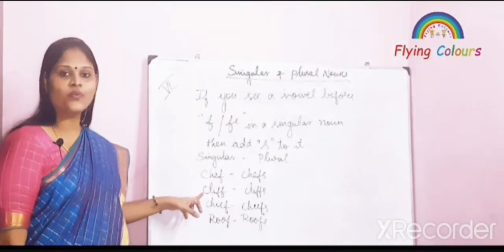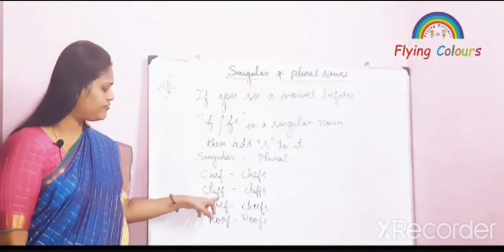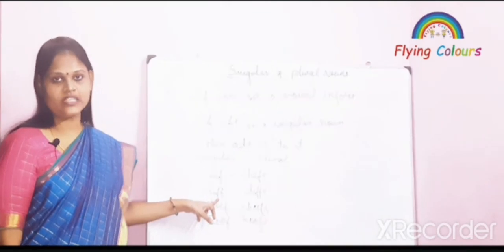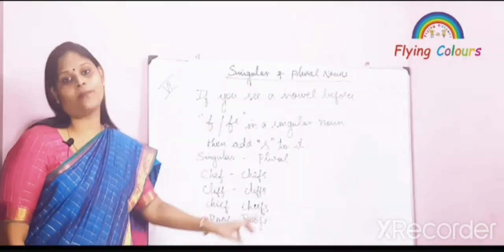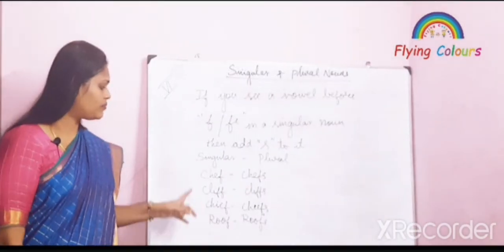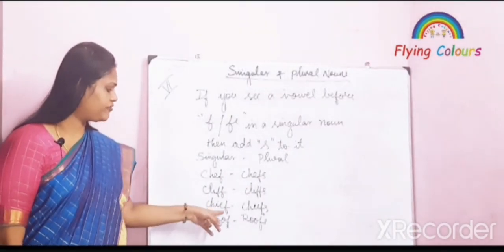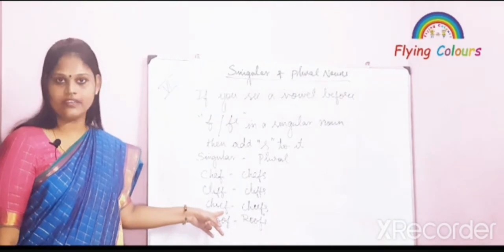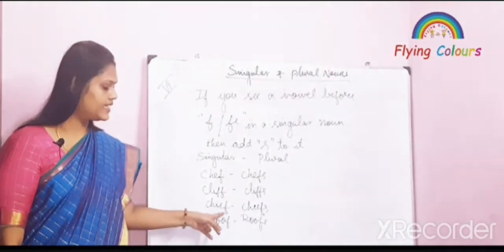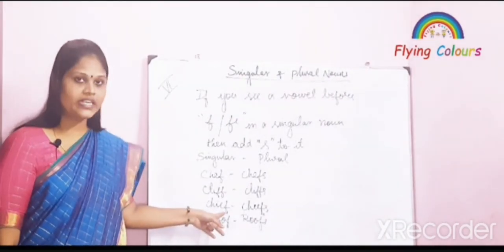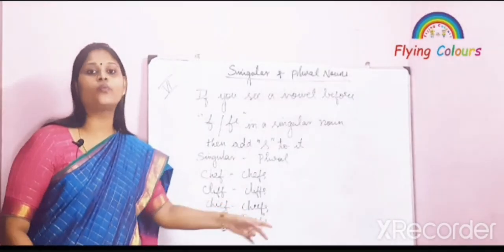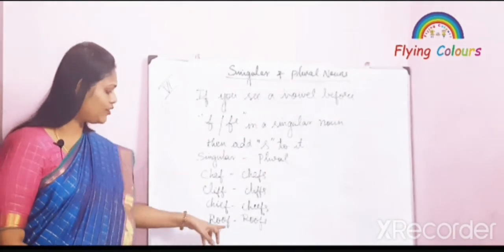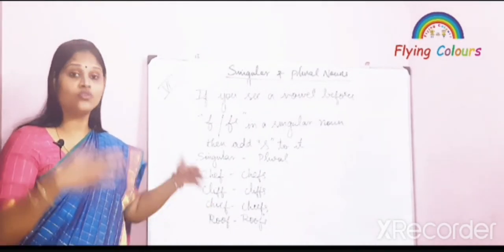Cliff, small mountains. Cliff, double F. You can see double F in this. If you see F or double F, you can add S to it without dropping anything. This is one more concept. Chief, chief head. So the noun ends in F. So if you see this, you can copy the same singular noun and add S to it to make it plural. And again, roof. You should say roof, house roof.